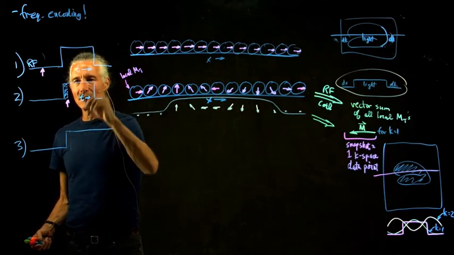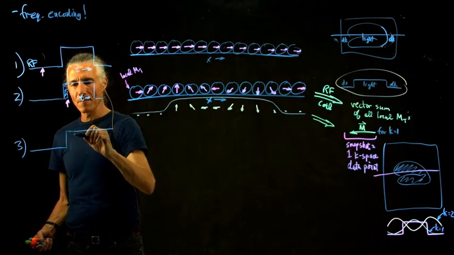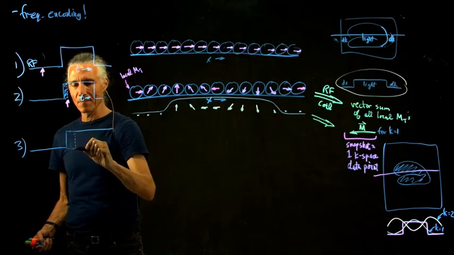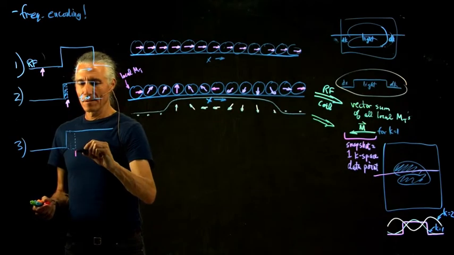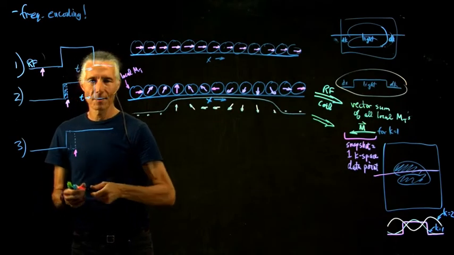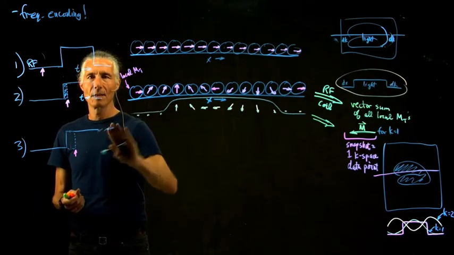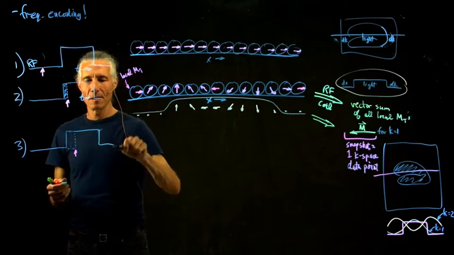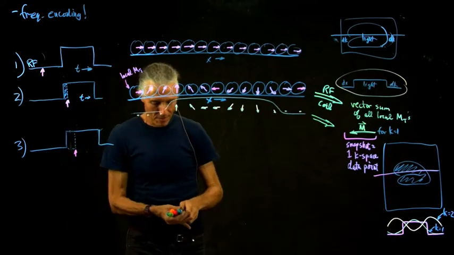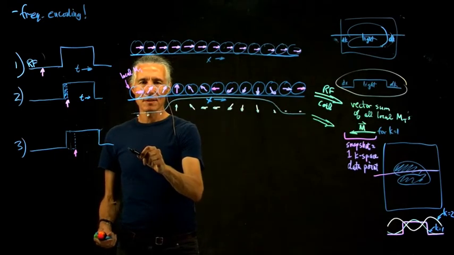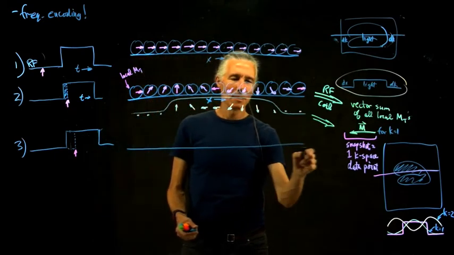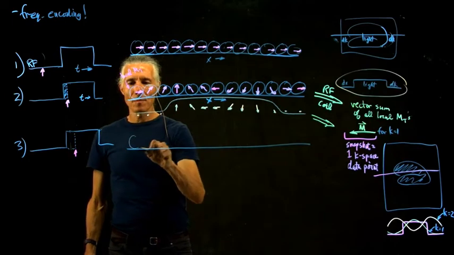So instead of here, we're just going to leave it on for 2 units of time. And now consider the situation. So now what will happen, we'll just have 2 wraps.